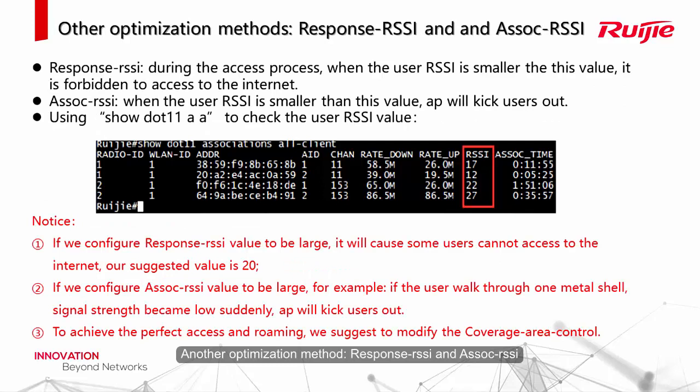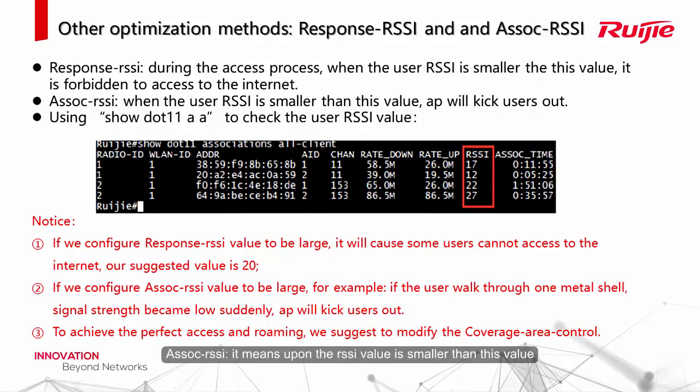Another optimization method: response RSSI and association RSSI. Firstly, let me explain what response RSSI and association RSSI are. Response RSSI means that once the RSSI value is larger than this value, the AP will permit the user to access. Otherwise, the AP will refuse the user access.